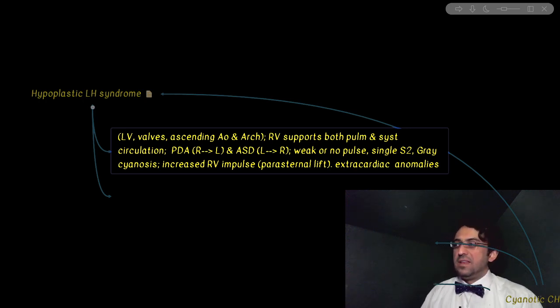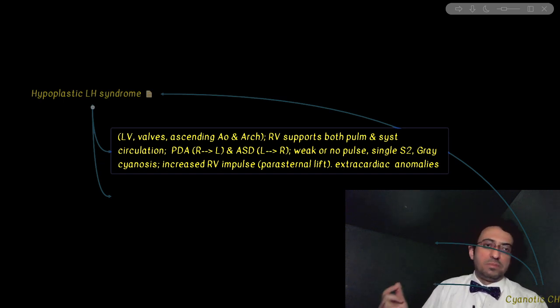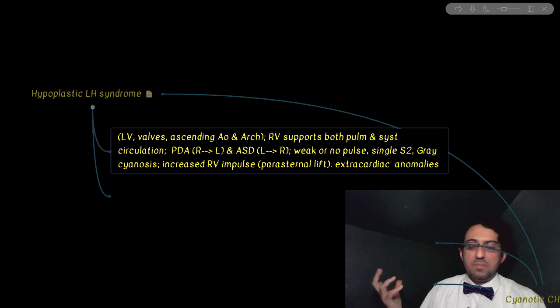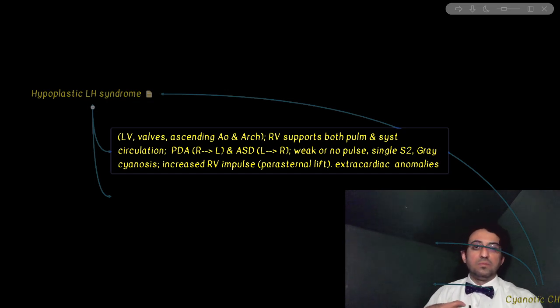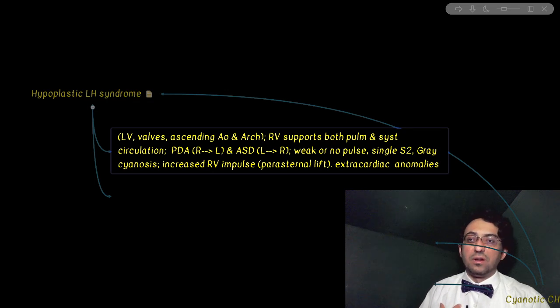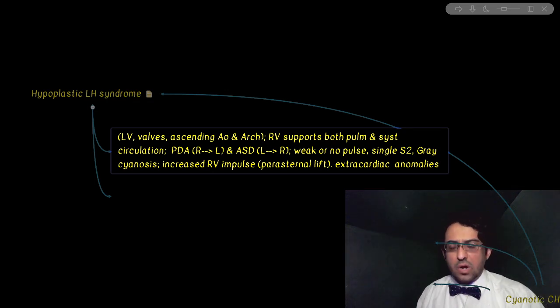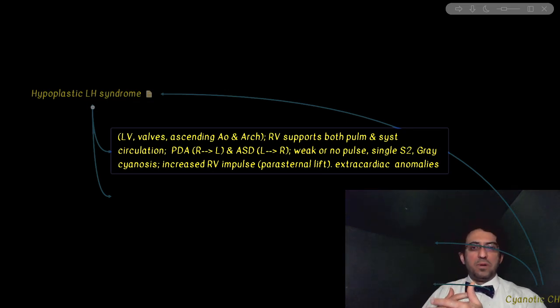What's the finding on chest wall or precordial palpation in hypoplastic left heart syndrome? We have increased right ventricular impulse logically, as it bears the responsibility of both chambers. In other words, we have this right parasternal lift on the location of the right ventricle, of course, on the heart area. Are we dealing with any type of pulse differential or cyanotic differential here?